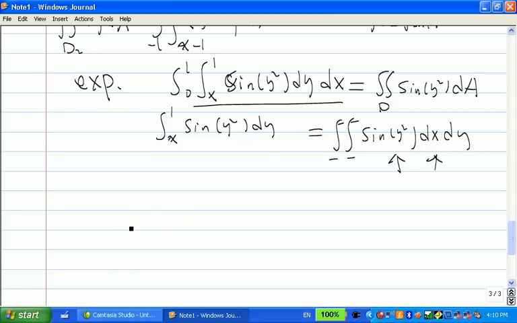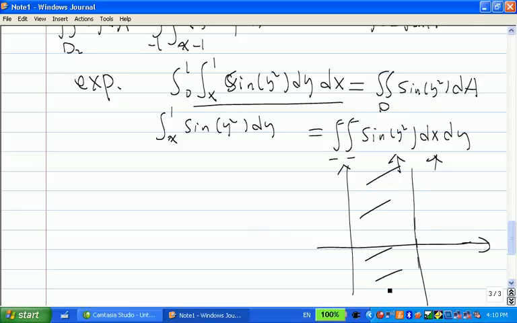That means your x is between 0 and 1. Say here's a 1. Everything in this strip, their x coordinate is between 0 and 1.